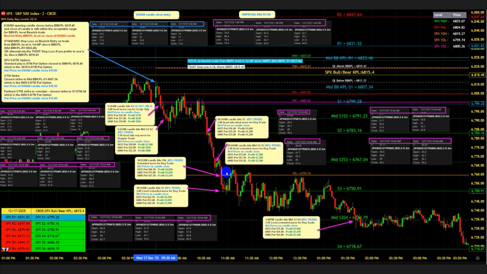Okay, so we had sort of a sideways move. We tested the YDL level here, moved back down, hit the R3 again, wicked through it, then went back up to YDL, failed again. Failed meaning we don't have really any successive candle closes above, and we're getting the move back down to S3.